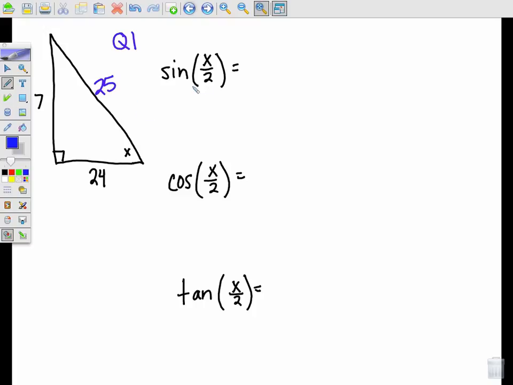All right, so my formula for sine is positive then, square root of 1/2, and underneath here we do 1 minus the cosine. Well, the cosine is 24/25. So that would be positive square root of 1/2 times 1 minus 24/25, which gives 1/25.